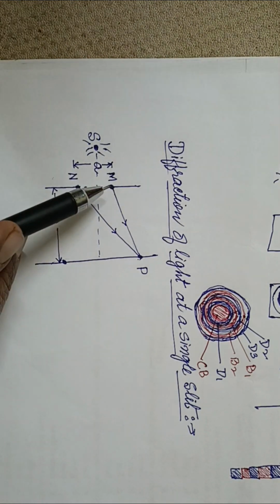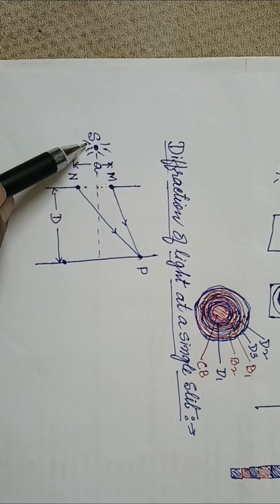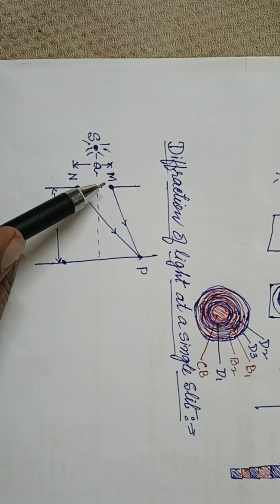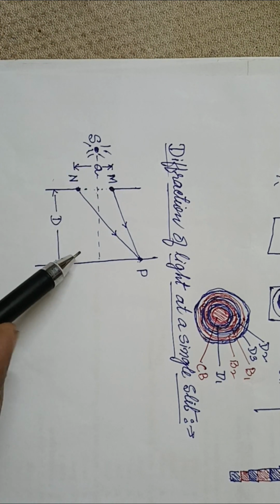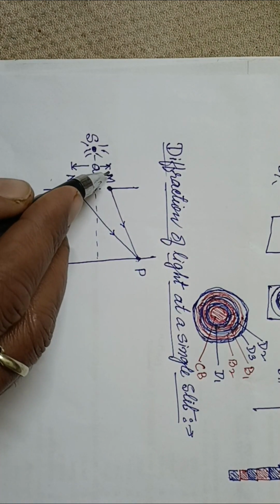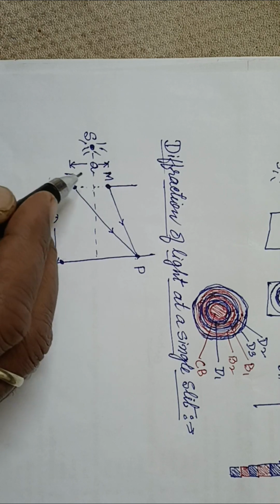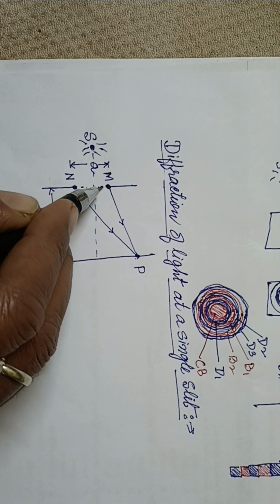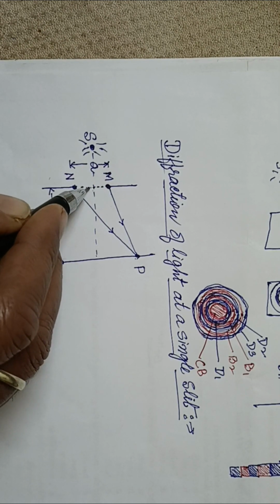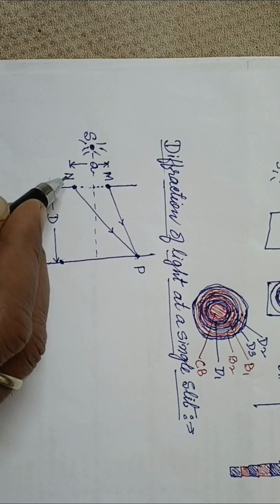So we have placed a slit in front of the light source, and light is passing through this. As Huygens said, it produces a wavelet, and each particle of the wavefront is a source of wavelets.